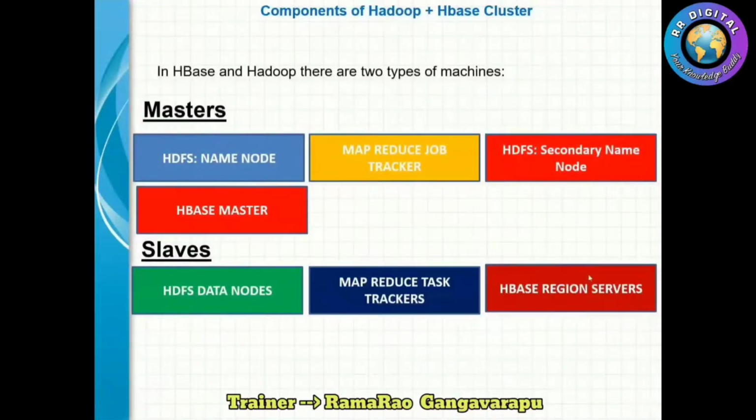So basically these HBase region servers will come under slaves and the HBase master will come under master nodes. So if the HBase component is available in your cluster, two extra nodes will be available along with your HDFS nodes.